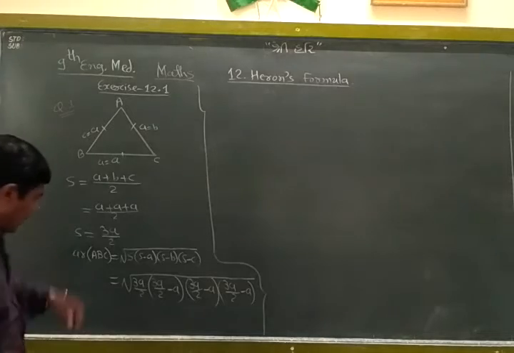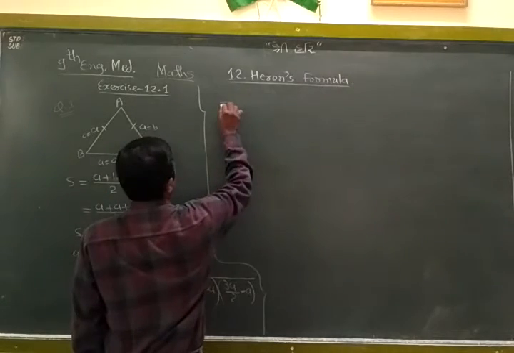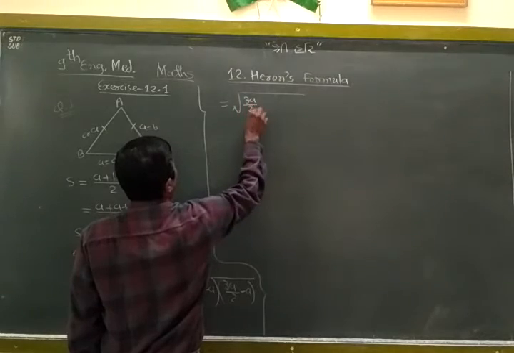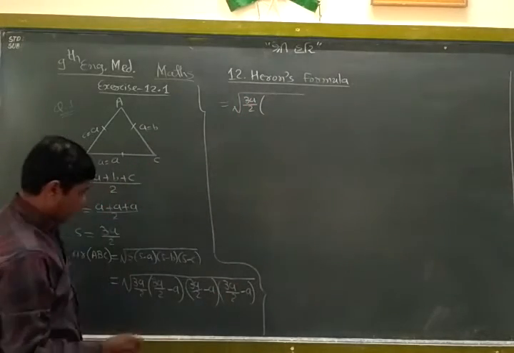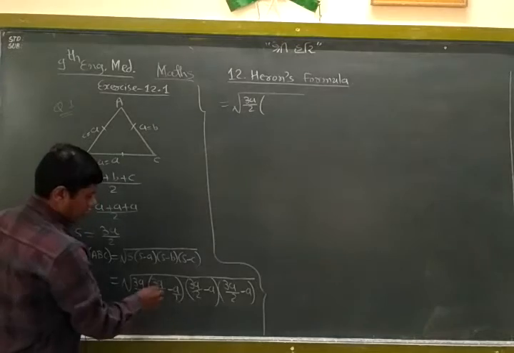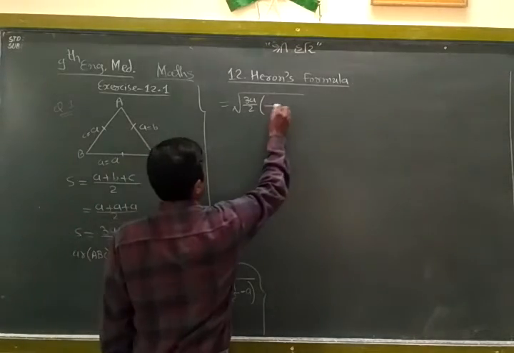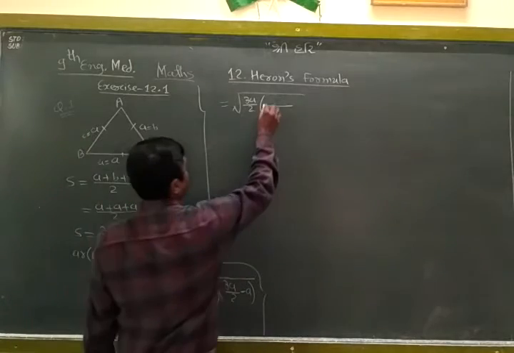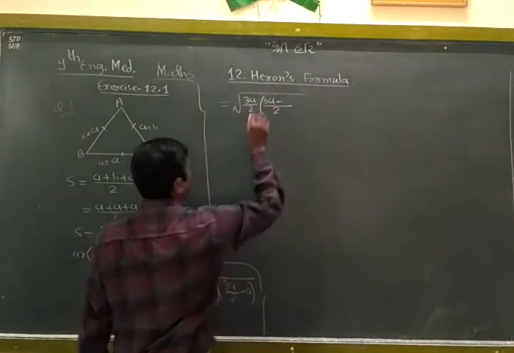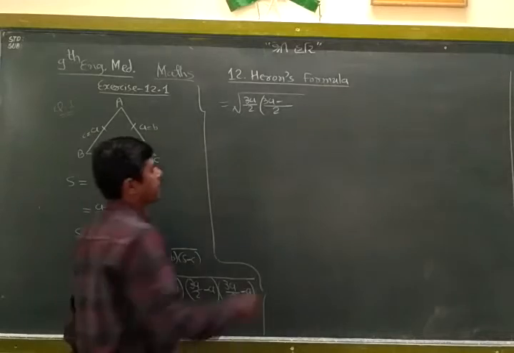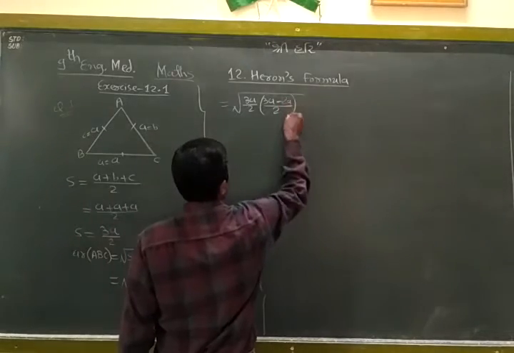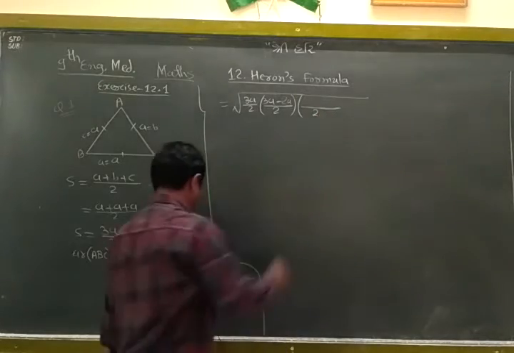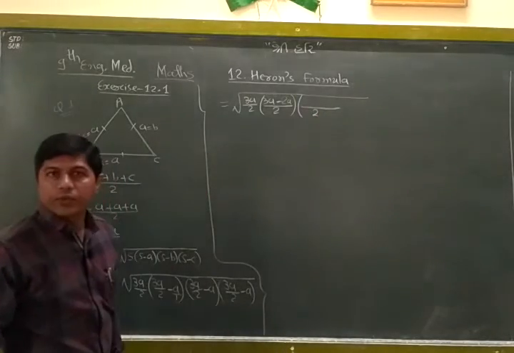Okay, now under root 3A by 2, we take an LCM here. So to LCM, cross multiply, 3A minus 2A. Here also multiply, same process for the LCM.